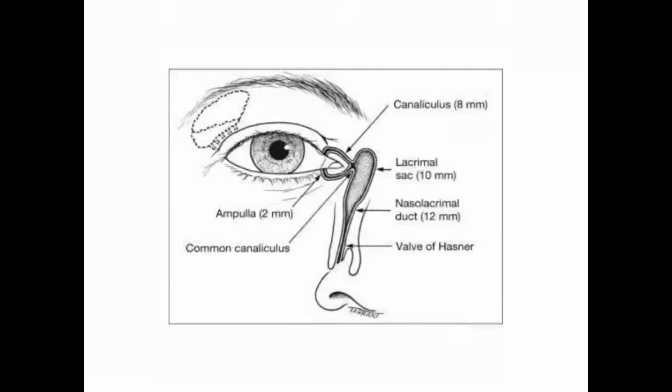From the main and accessory lacrimal glands the tears are secreted, and they cover the eye to form the tear film, and they are drained by the lacrimal system. So the lacrimal system comprises, friends, the lacrimal punctum, then lacrimal canaliculus, lacrimal sac, nasolacrimal duct, and finally they are drained into the nose.